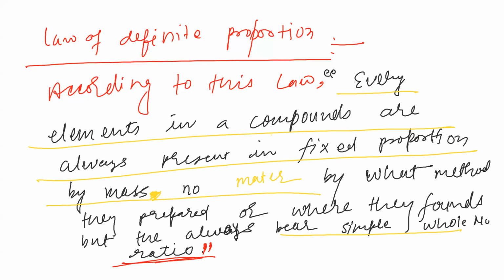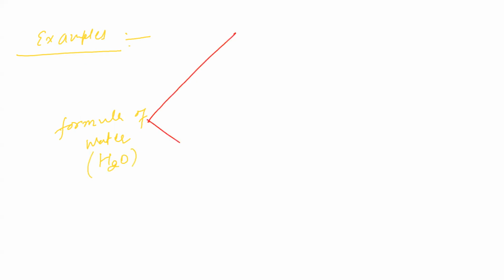So we are going for the examples. Let us see the examples. Suppose we are talking about the formula of water. This is H2O. Now if I talk about H2O, there are so many places.